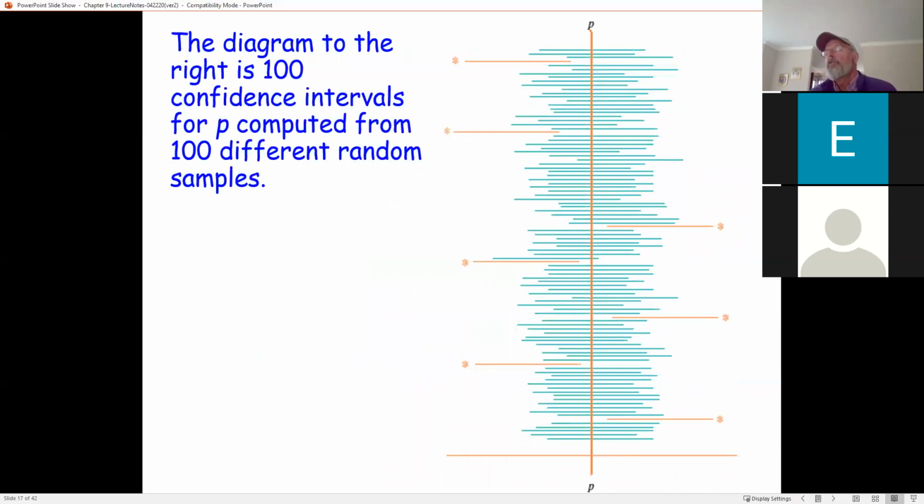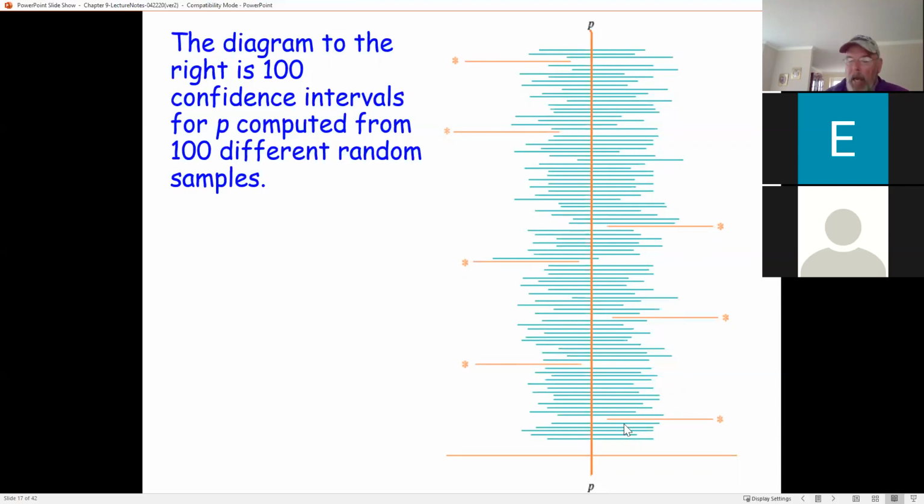So this picture right here looks at 100 different confidence intervals with the same interval on the end. Most of the time these intervals capture p, and sometimes they don't. 1, 2, 3, 4, 5, 6, 7 times it didn't.